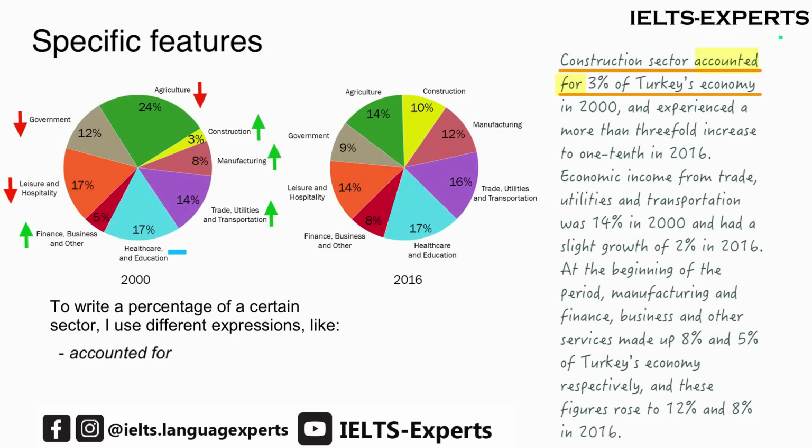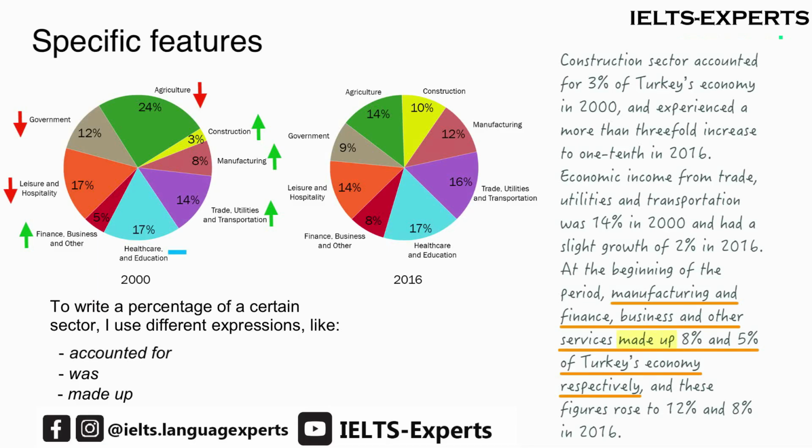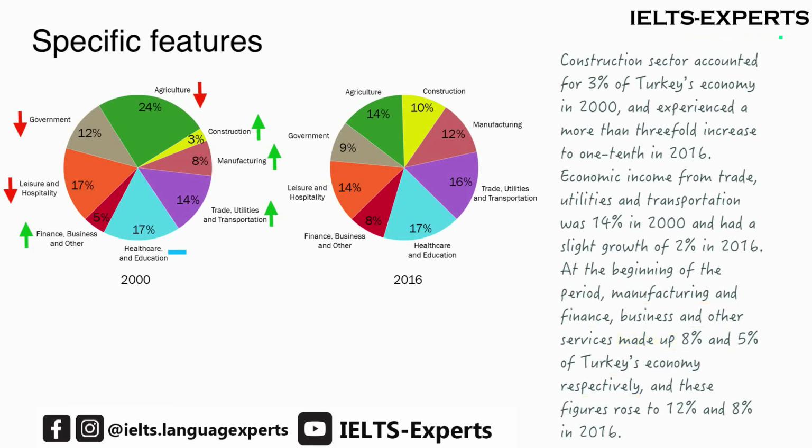Construction sector accounted for 3% of Turkey's economy. Was. Economic income from trade, utilities and transportation was 14%. Made up. Manufacturing and finance, business and other services made up 8% and 5% of Turkey's economy respectively.